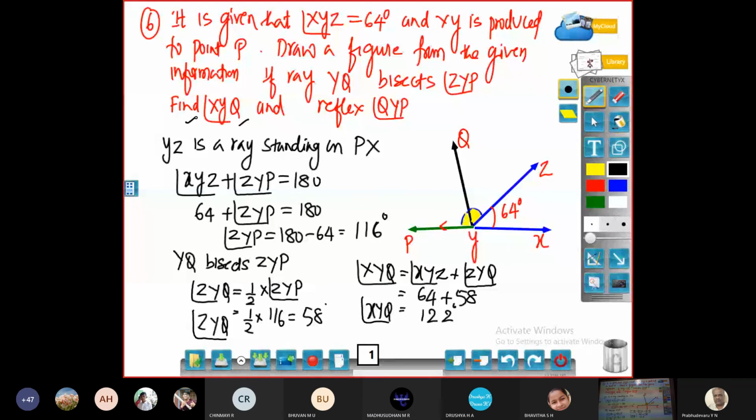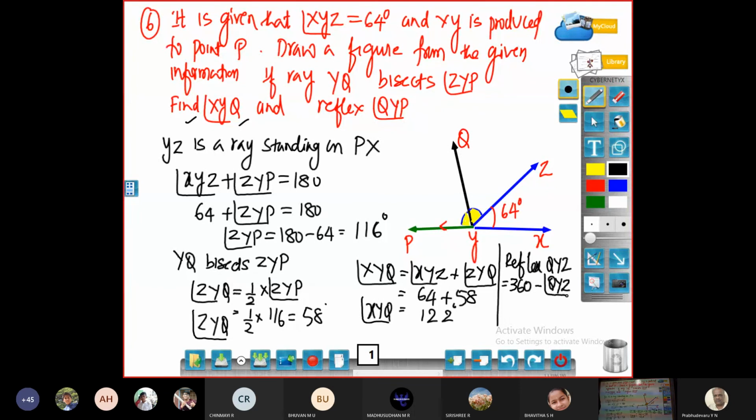Now find the reflex angle. Reflex QYZ is equal to... tell me how to find reflex QYZ. Total 360 degrees minus the normal angle QYZ.